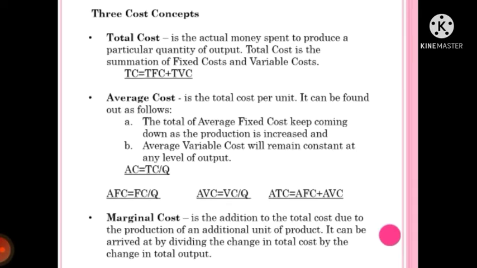The last cost concept of the short run is the marginal cost. It is the addition to the total cost due to the production of an additional unit of product. It can be arrived at by dividing the change in total cost by the change in total output. Later, I will discuss this.